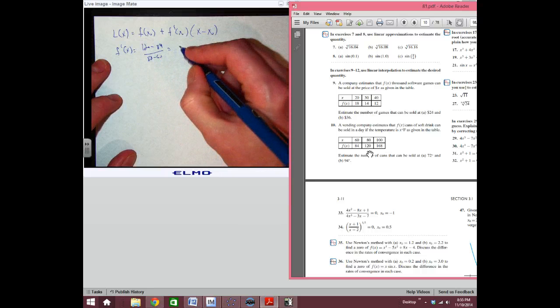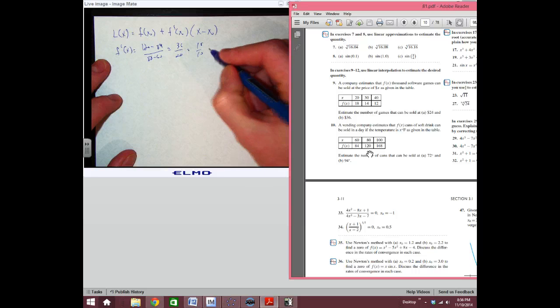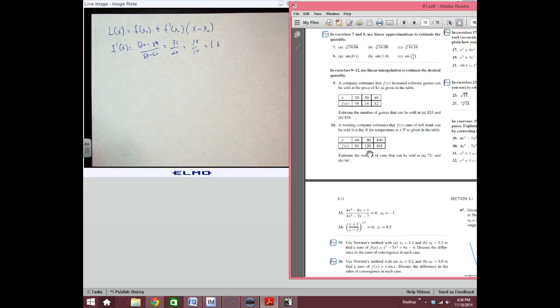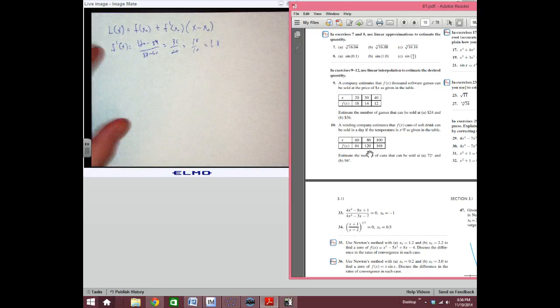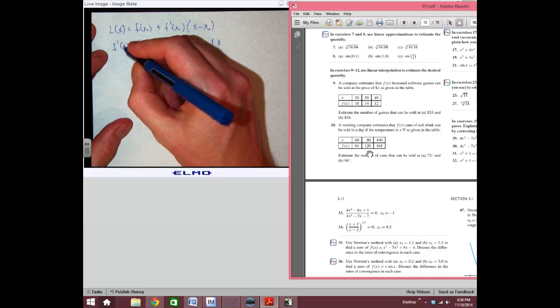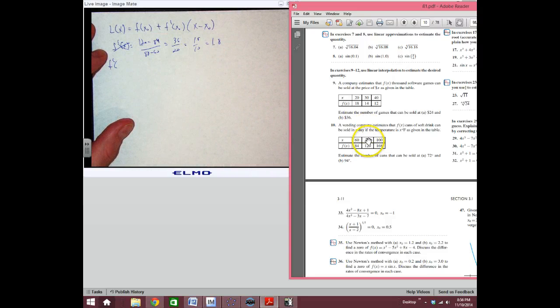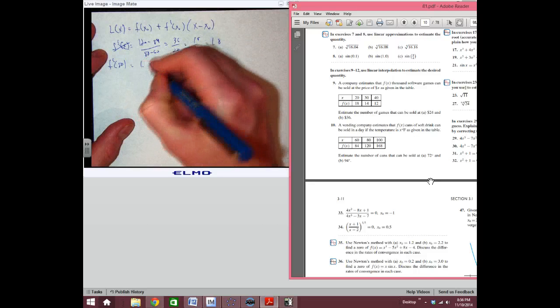That gives us 36 over 20, which is 18 over 10, which a lot of you just said 1.8, which does work out exactly, so we can use that. So this is our f prime of 80, because that's the value of the 3 that's closest to 72. So f prime of 80 is 1.8.